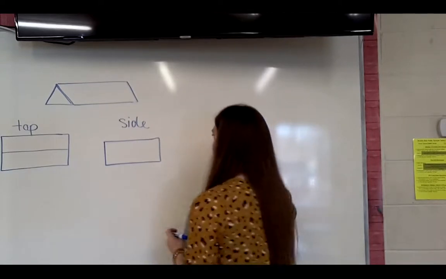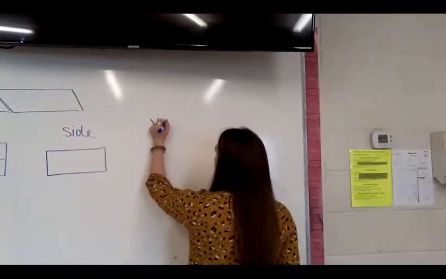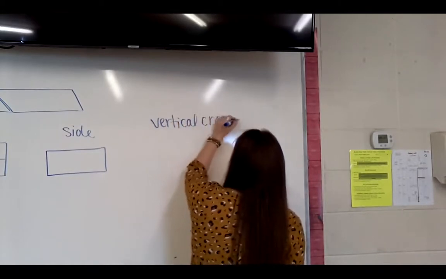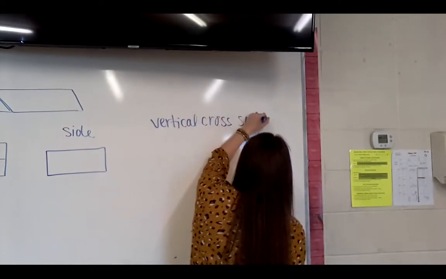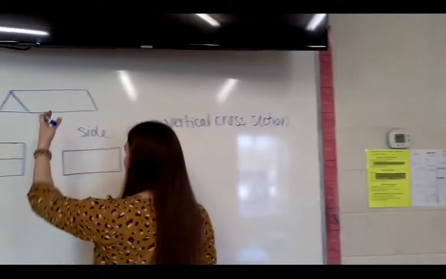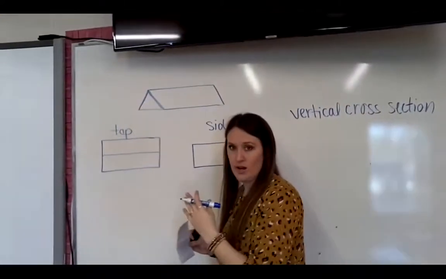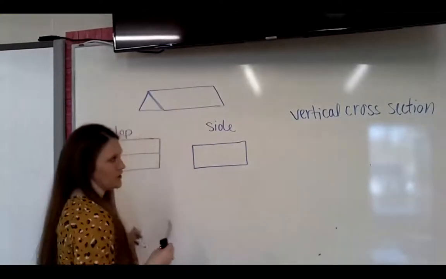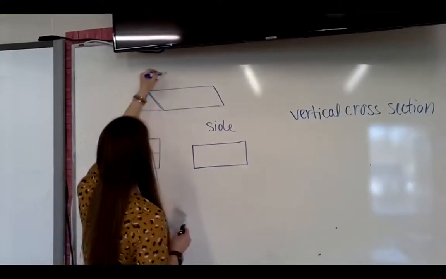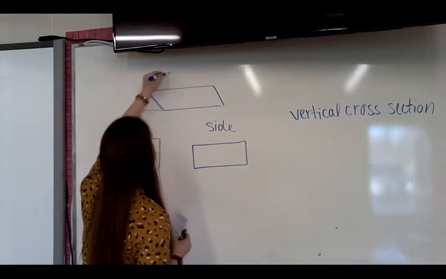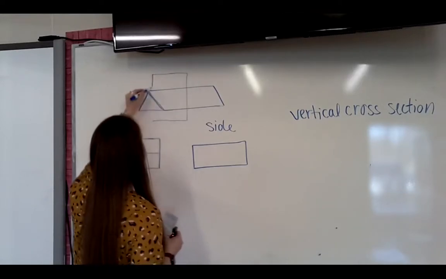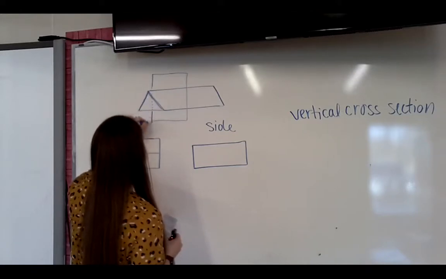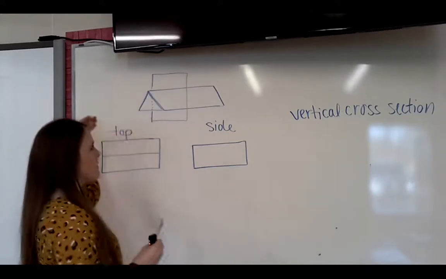Okay, so then the last thing, a vertical cross section. Then they said describe what it is. So a vertical cross section means you have to look at the figure dead on from the front. If I was just looking at it straight from the front entrance, and then I took basically a piece of metal or something and just sliced through it, what would I see from the front?